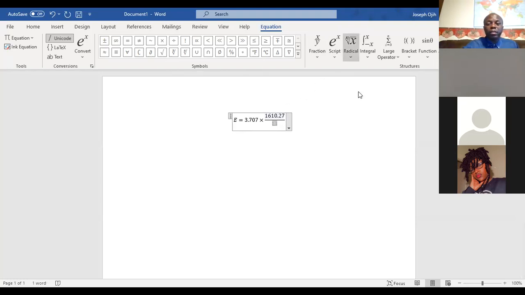Square root of 7 is right here. And that gives us, let's get it out from the calculator.